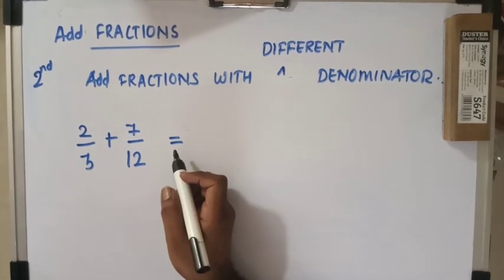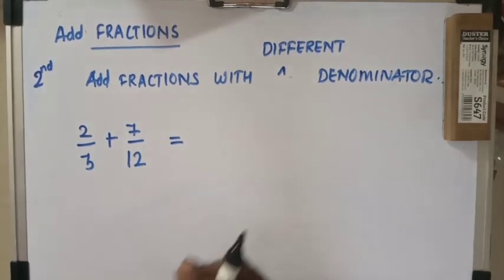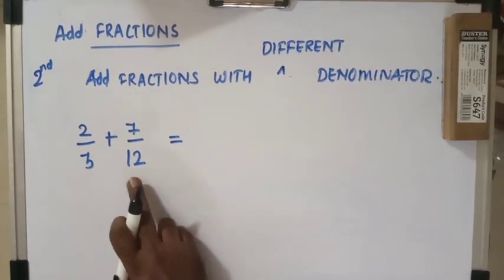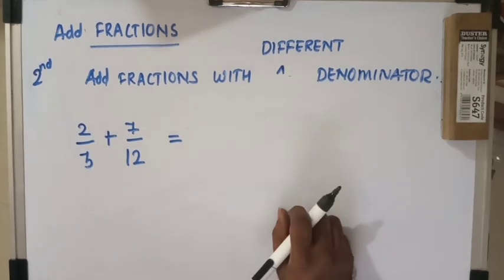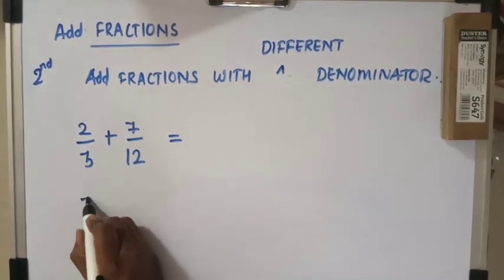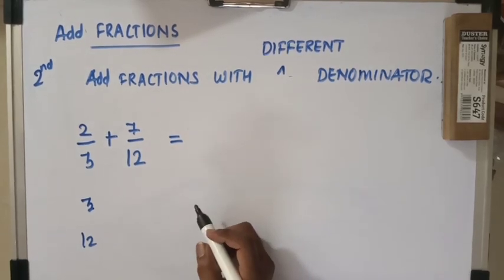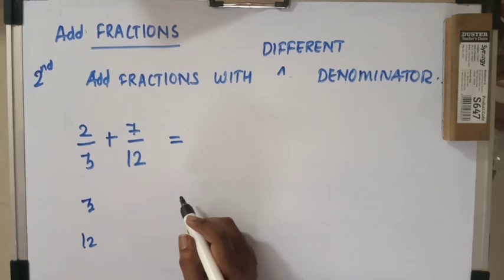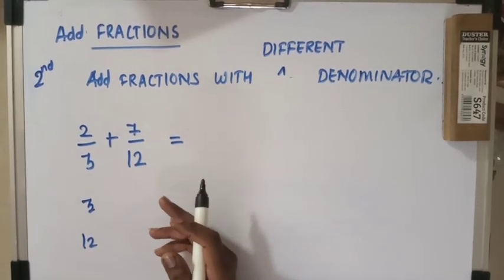How are you going to do it? You'll do it by finding the common multiple of 3 and 12. You'll not be finding the greatest common factor, children, I'm wrong here.